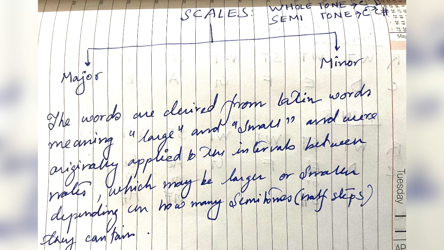Now somebody asks you to play a whole tone of D sharp. After D sharp comes E, then comes F, right? So D sharp's whole tone would be F. The concept is clear, I suppose.